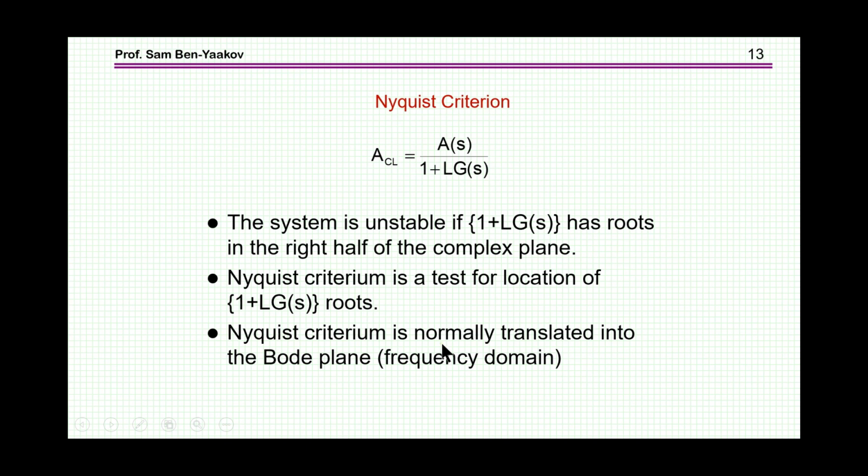The system is unstable if this denominator has roots in the right half of the complex plane. The Nyquist criteria is a test for the location of the roots, or in particular, it tells us if there are poles at the right half of the complex plane. And usually, in order to use the Nyquist criteria, we are basing it on a Bode plot.